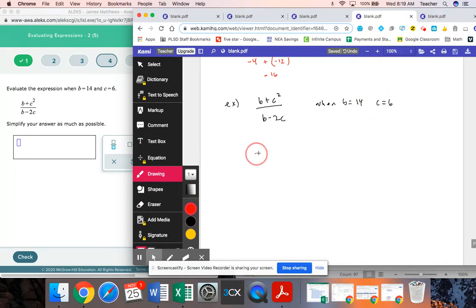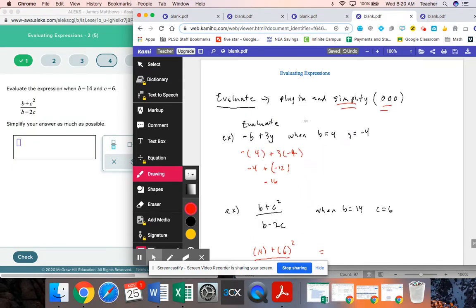Same idea. I know I have a fraction bar, but b is 14. Whatever c is, it's going to be squared. Well, c is 6. Same thing down here. b is 14 minus 2 times whatever c is. Well, c is 6.